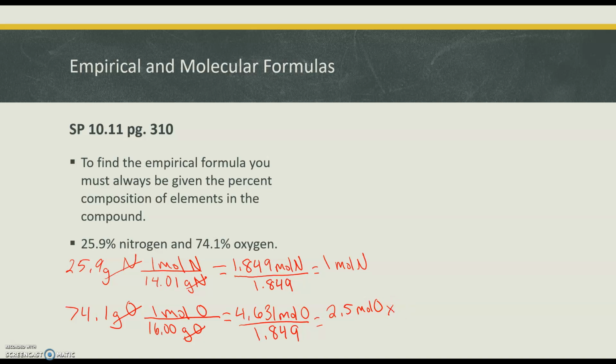So we multiply 2.5 by 2 in order to get 5 moles of oxygen. Our moles of nitrogen also have to be multiplied by 2 because everything in our compound must be multiplied by this number. 1 times 2 will give us 2 moles of nitrogen.